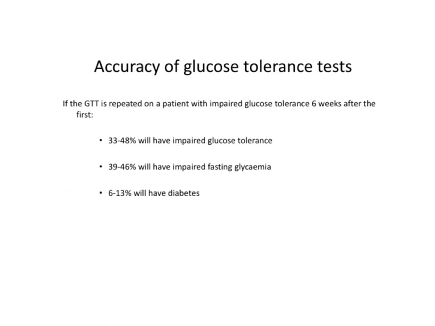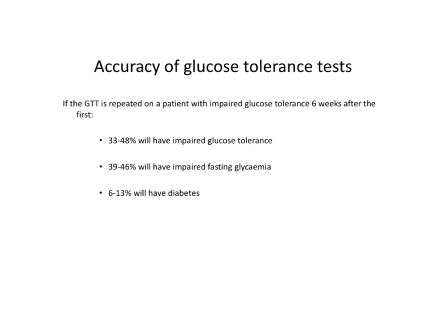This comes on to the accuracy of the glucose tolerance test. It's not actually the gold standard that you think it is. If you repeat the glucose tolerance test on a patient with impaired glucose tolerance 6 weeks after the first, in about a third of cases, it'll still show that the patient's got impaired glucose tolerance. In about another half of patients, they'll have impaired fasting glycemia.